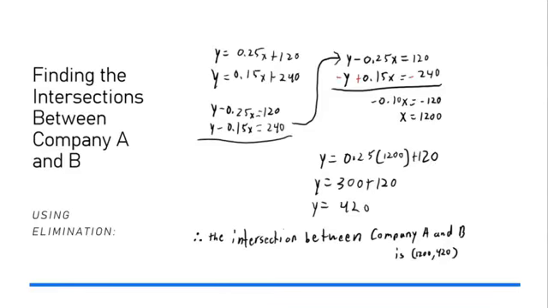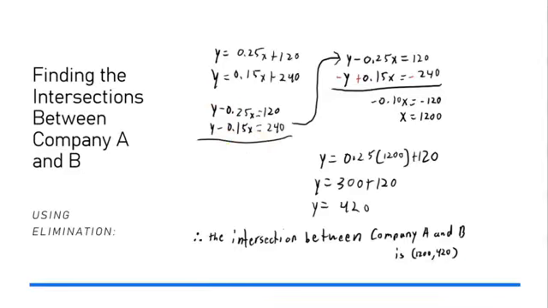Finding the intersections between company A and B. I had to use elimination to find the intersections between A and B. First, I set up the two equations on top of each other. Then I rearranged the equations to make it easier to eliminate, as you can see here. Then I subtracted the two equations to eliminate a variable, in this case y.